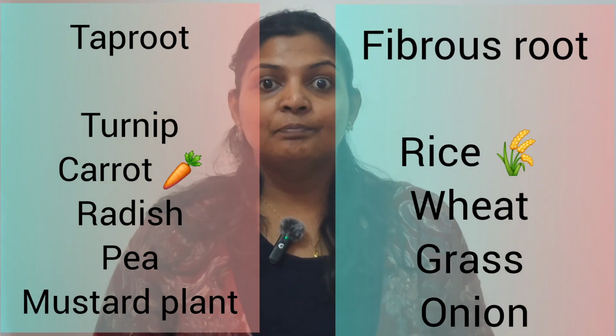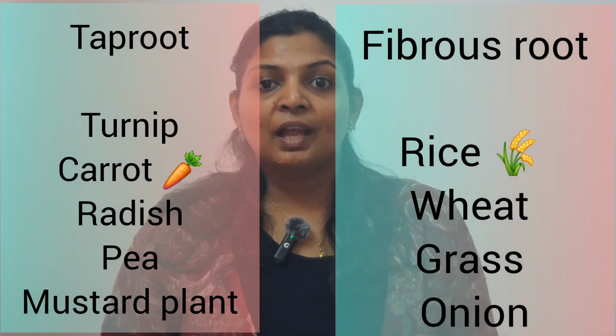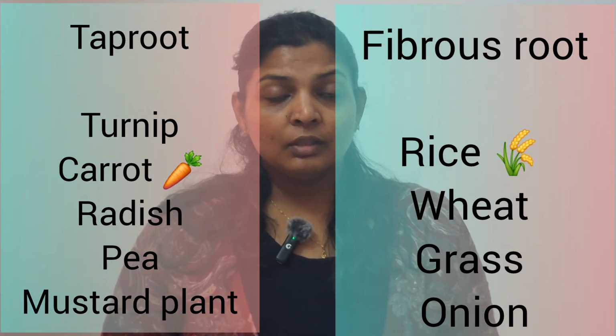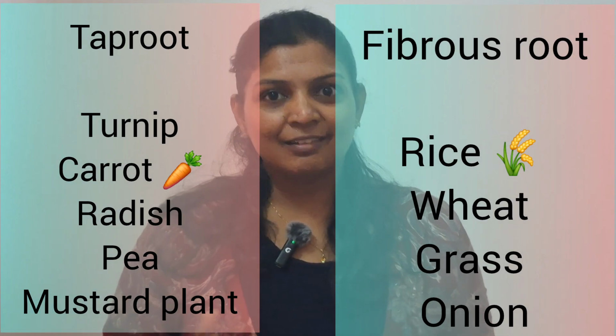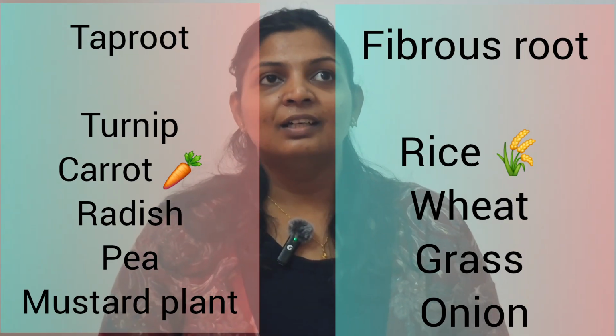Can you give me examples of fibrous and tap root? Tap root you can see in turnip and radish, and fibrous root you can see in grass and in banana. Have you seen the whole banana plant?